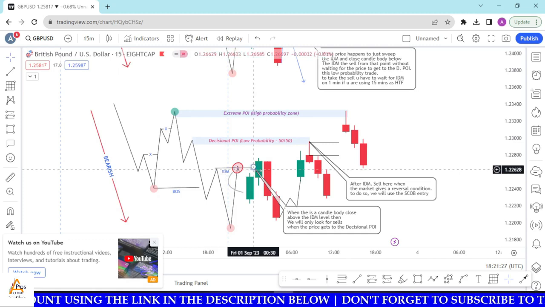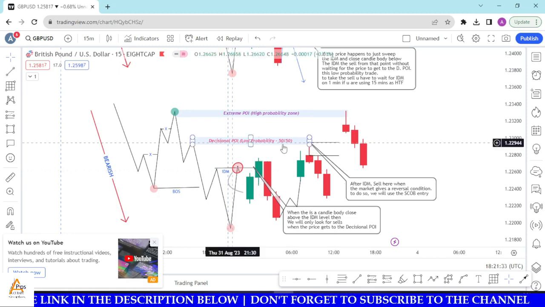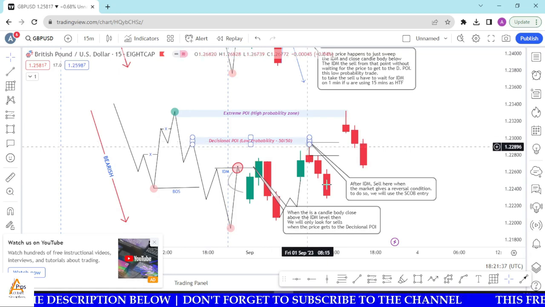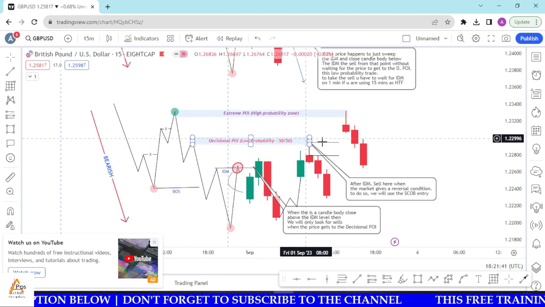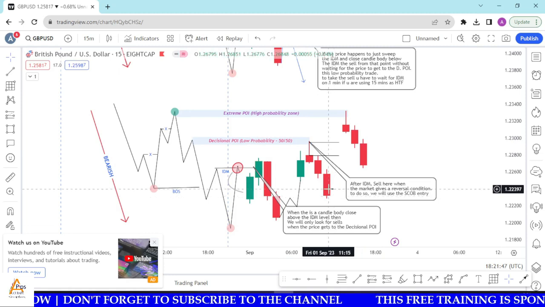In this scenario, what you do is you wait for price to come to your decisional POI before you make an entry decision, and that entry decision should be based on your single candle order block.